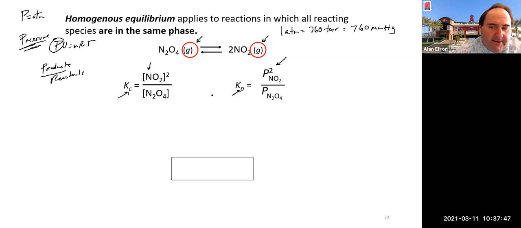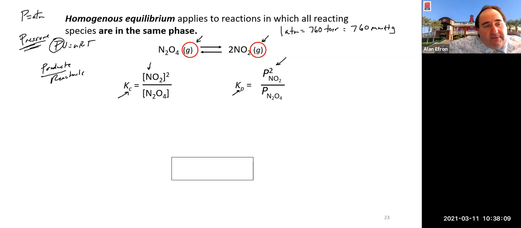Later on in equilibrium type problems, I'll mention it probably when we get there as well. You'll sometimes be given pressures in maybe torr or millimeters of mercury, bar, or some other type of unit. And they may want an answer in one of those units like torr or millimeters of mercury.